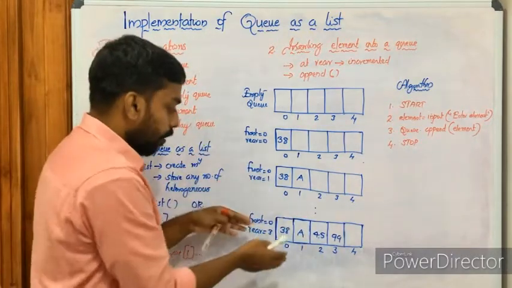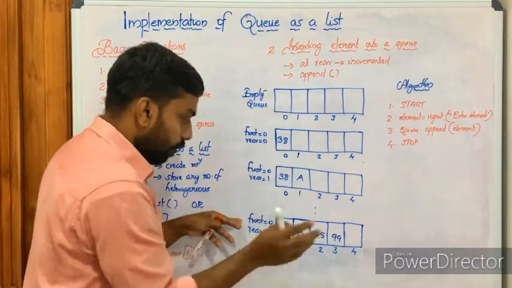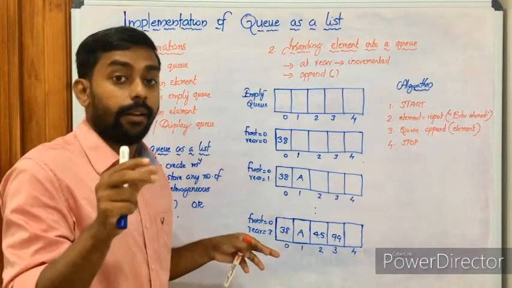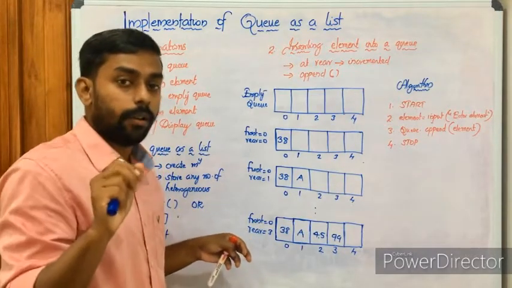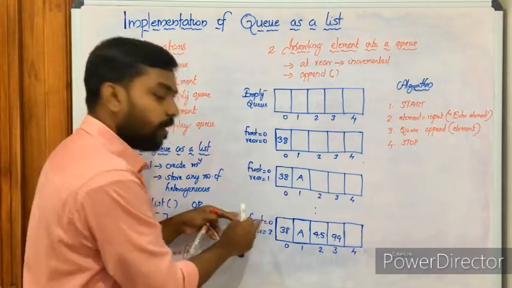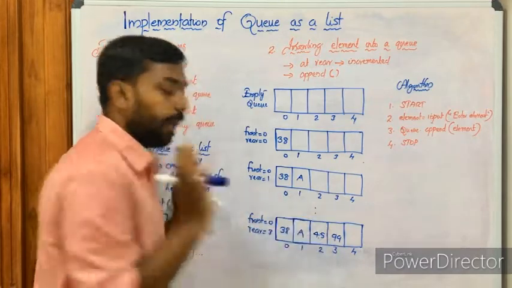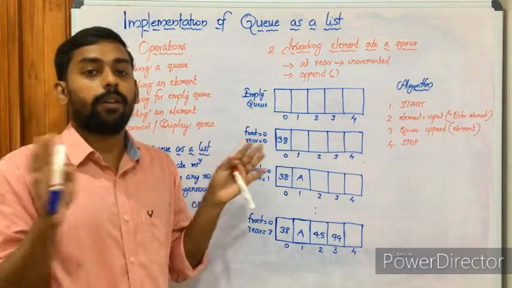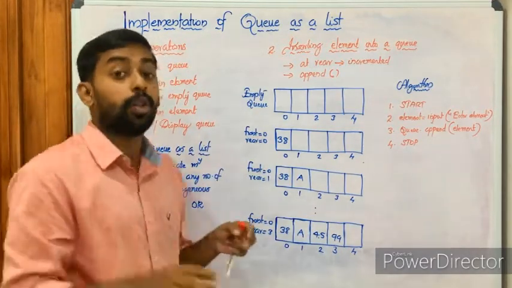Then the next item, we are inserting 99 as a fourth item, which will be placed at the third index, 3. Then front points to the same 0 and rear points to 3. This is what the insertion operation is. This is what the push operation is.